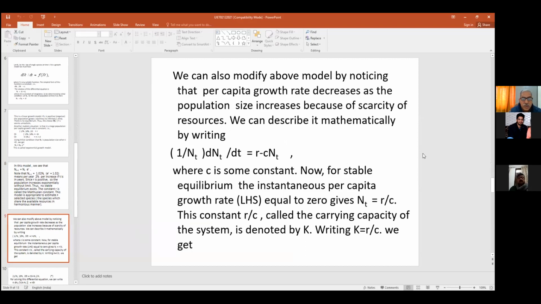Now I told you the previous model is not giving me the stable equilibrium, but still that model works for certain species like honeybees, termites, and pigeon population. They grow very fast, right? But still it is not giving me the stable equilibrium.